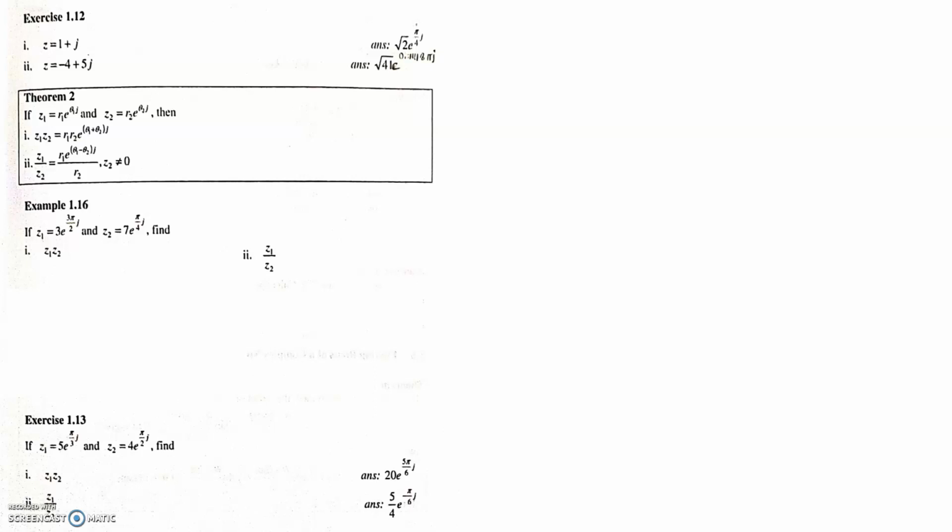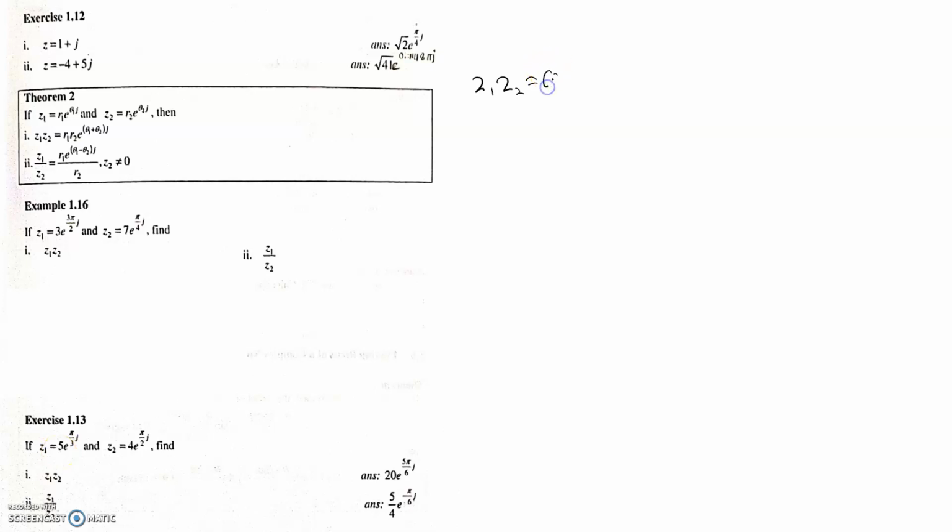Okay, let's try to apply it in our exercise 1.13. We have z1 equal to 5 exponent pi over 3 j, and z2 equal to 4 exponent pi over 2 j. They want us first to multiply the two. So multiply z1 and z2: in our theorem, to multiply, you need to multiply the two r's, which in this case are 5 and 4.